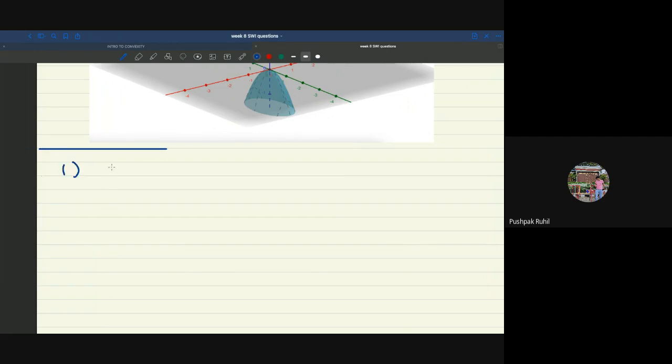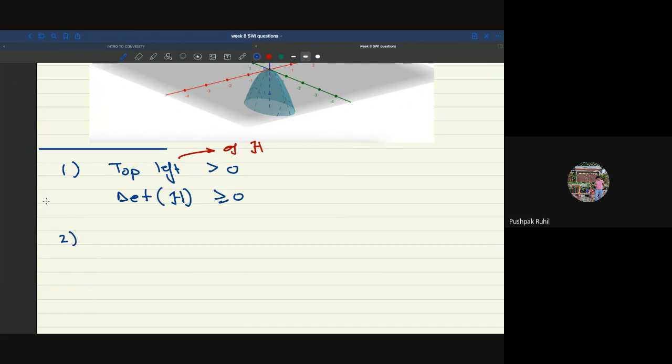The first method, which I told you, is that the top left element needs to be more than 0, and the determinant of your Hessian matrix needs to be more than or equal to 0. This was the first test that you can perform.